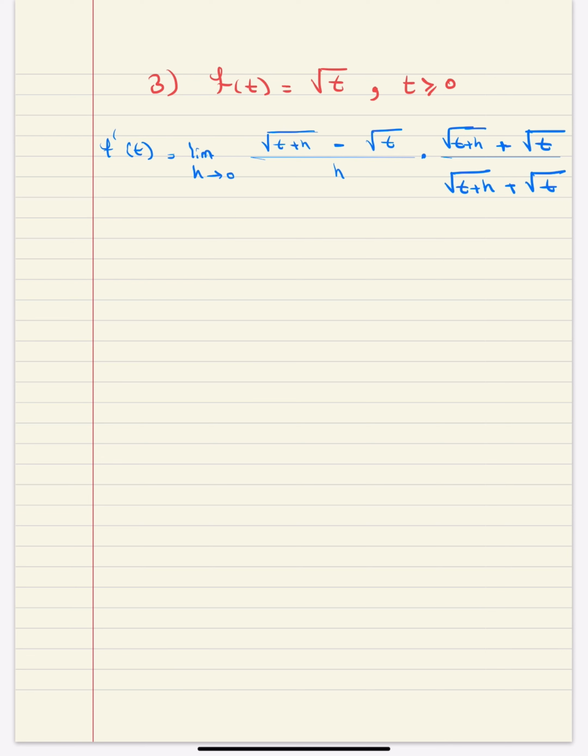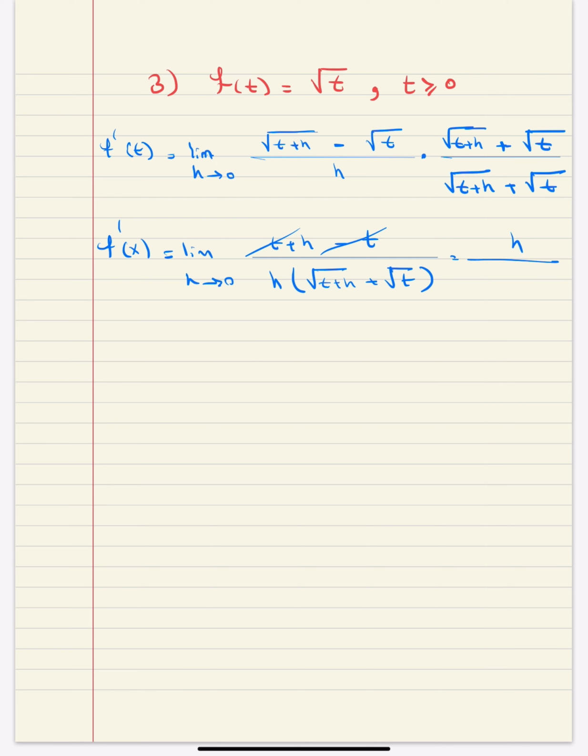And if we do this multiplication and rewrite our expression, it would be simply t plus h minus t, over h multiplied by the square root of t plus h plus the square root of t. Now, as you can see, our negative t and our positive t would cancel out, and in our numerator, we would simply be left with h.